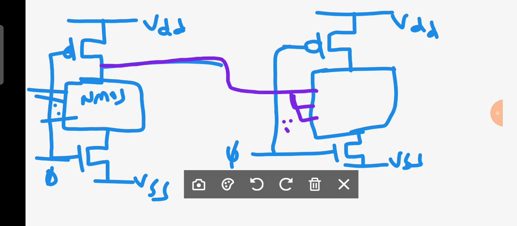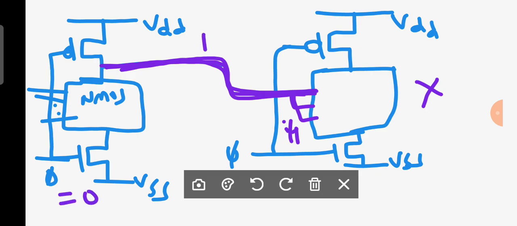Is it clear? Input. Now if this output should not activate this network, then our problem is solved. Therefore you just think about that. When phi is equal to 0, here the output is 1. When phi is equal to 1, it should depend on this, but in the meanwhile this 1 is going to activate this circuit if it is an NMOS when phi is equal to 1.